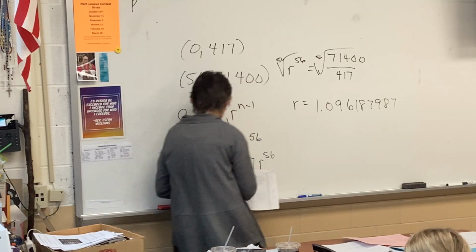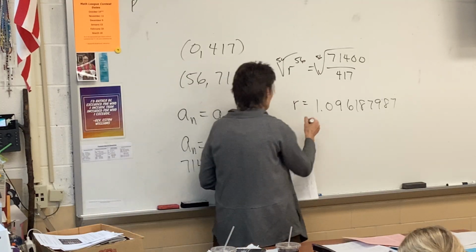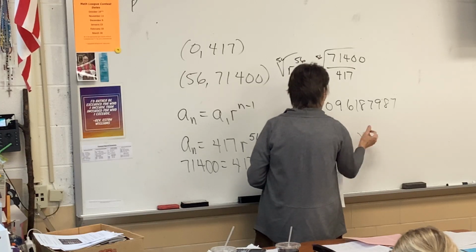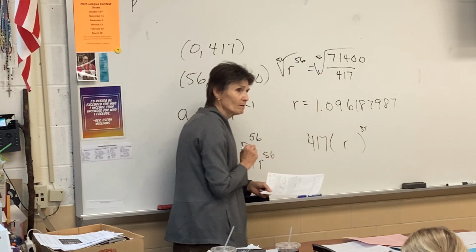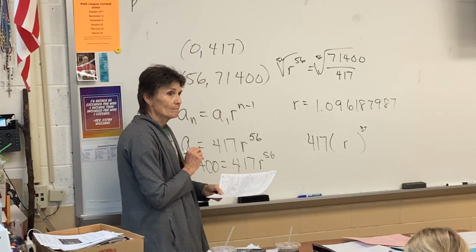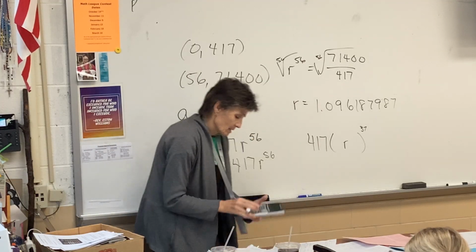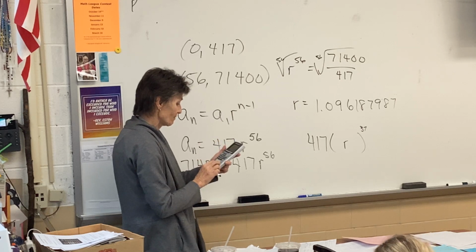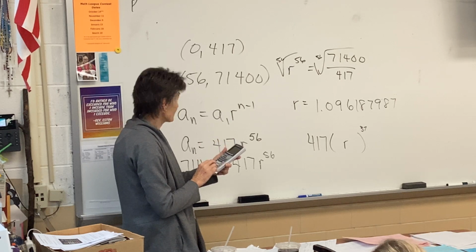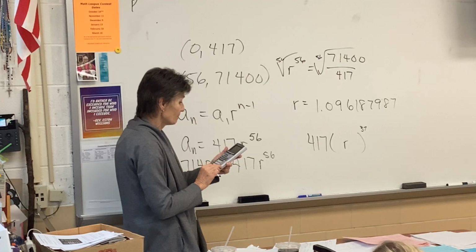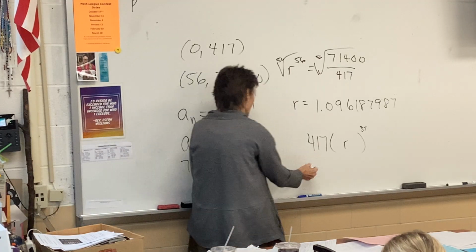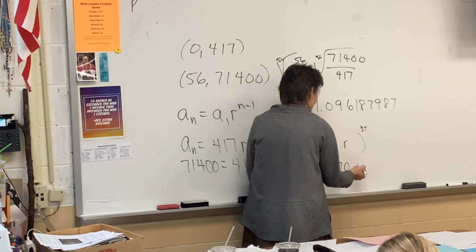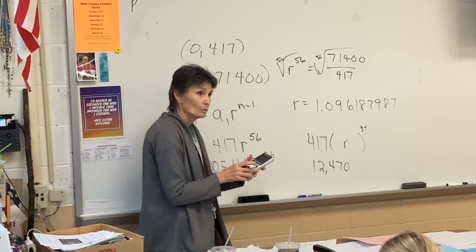So I'm going to use basically this formula and say 417 times my r to the 37th power. I'm not going to round it off. I'm just going to take that number to the 37th times 417. And I got 12,470 if I round it off to the nearest number.